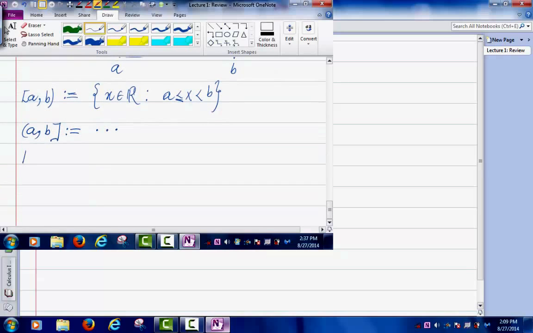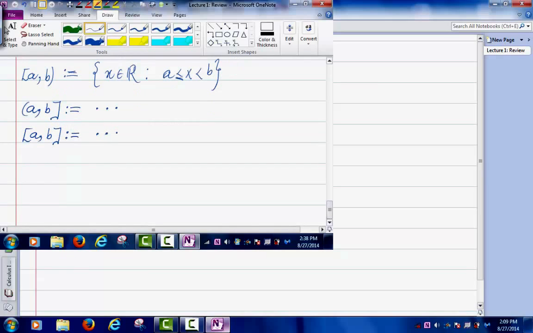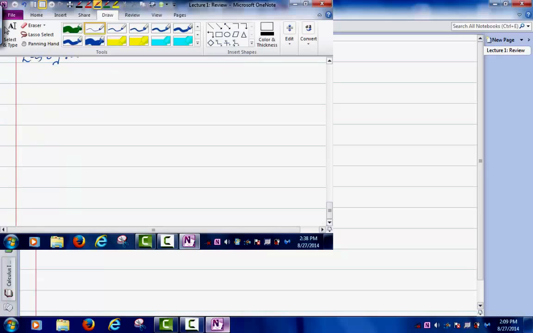And we might also have the closed interval, closed on both ends. And in this case, what's going to happen? We include both a and b as well, right? We include both a and b. What else am I missing? What other types of intervals am I missing?